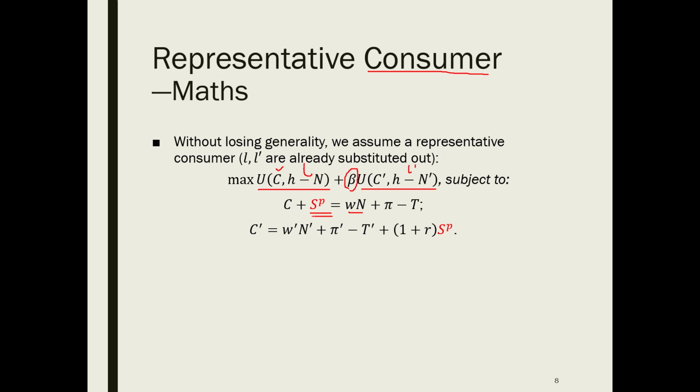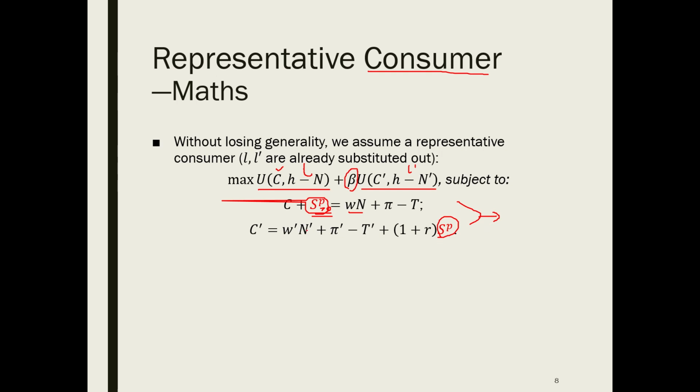Therefore, the private savings of the consumer, SP, is usually positive because the government is usually the net borrower from the public. To simplify, we can substitute out the common term SP in the two constraints, resulting in a lifetime budget constraint, just like what we did in the previous two lectures.